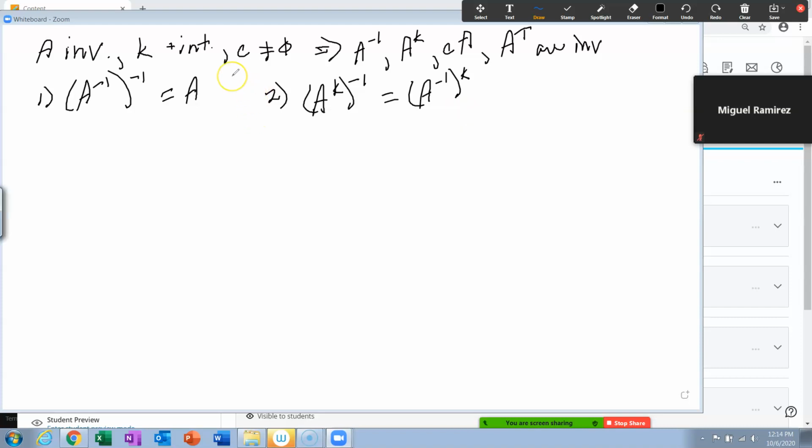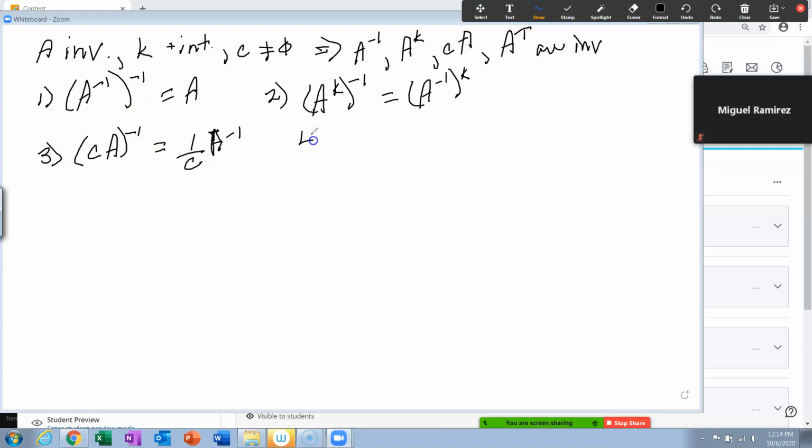Okay? Now, number 3. If you take that constant C, scalar, non-zero, times A, that's an invertible matrix. So what is its inverse? Now here's sort of an interesting thing. It's the multiplicative inverse of C, 1 over C, times A inverse. Okay? 1 over C times A inverse.